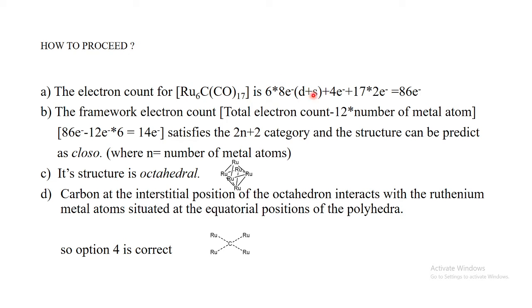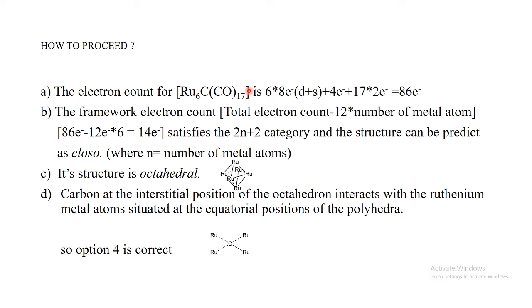Plus we have a carbon atom. Carbon belongs to group 14, so the electron count for carbon is 4 electrons. Again, there are 17 carbonyl ligands surrounding the ruthenium metal atoms.